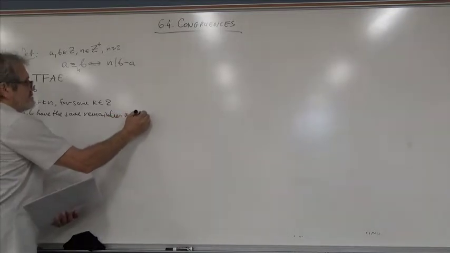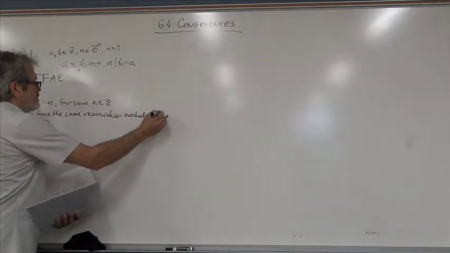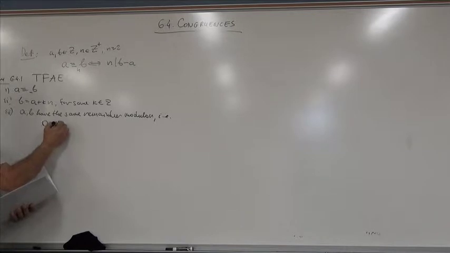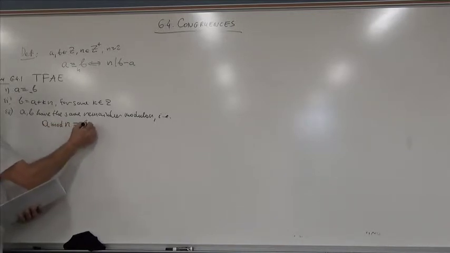modulo n, which means what? a mod n, that's how we label the remainders. a mod n is equal to b mod n.